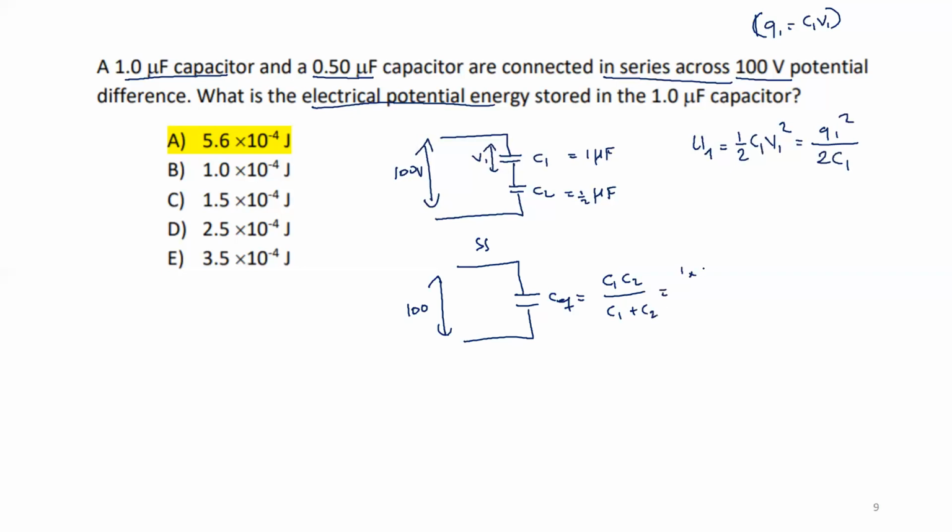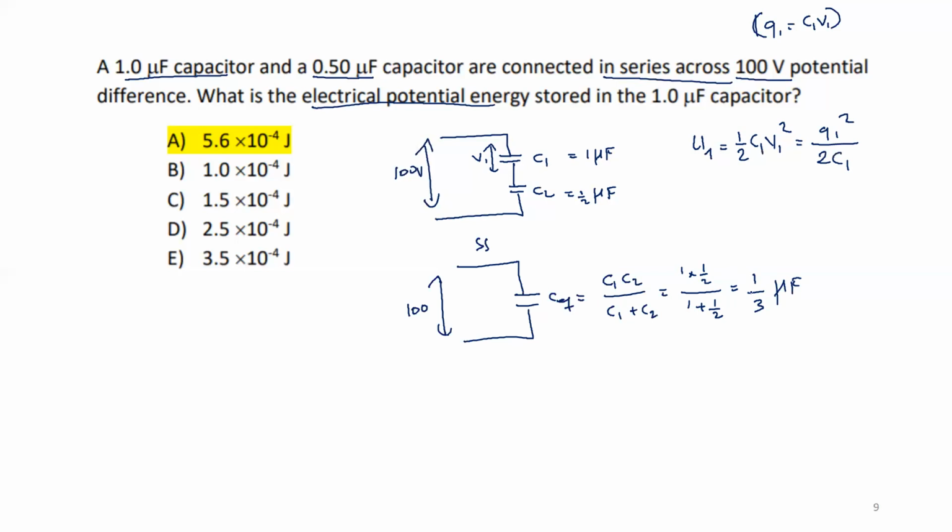I have 1 times half divided by 1 plus half. And this gives you what? So 1 half divided by 3 halves. This gives you 1/3 microfarad. So this is C equivalent.